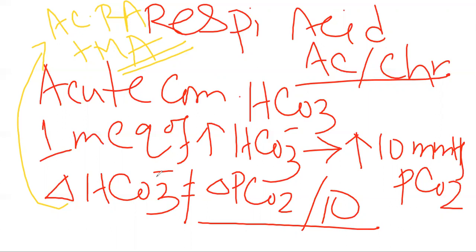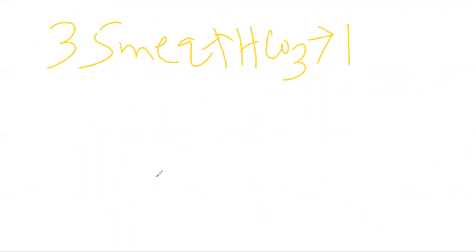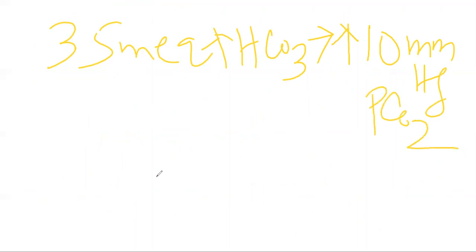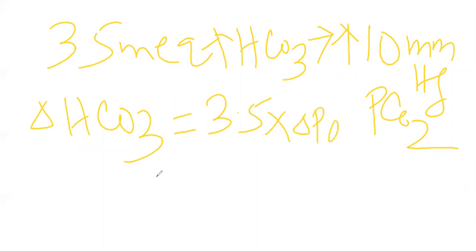In case of chronic condition, a 3.5 milliequivalent increase in bicarbonate will occur for a 10 millimeter mercury increase in the partial pressure of carbon dioxide. Here, the compensatory Winter formula should be delta bicarbonate is equal to 3.5 into delta PCO2 divided by 10.